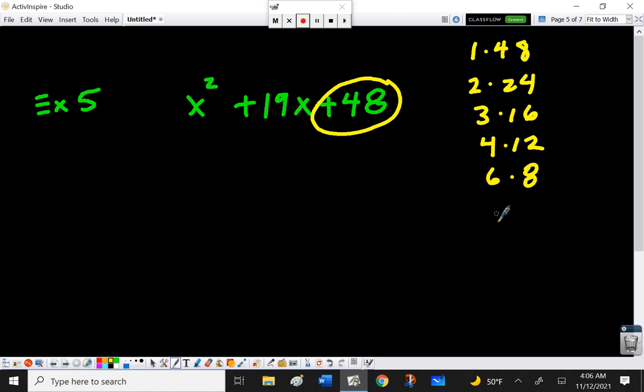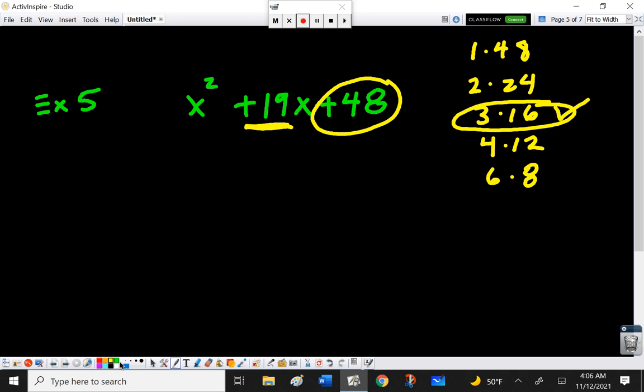And that's it. But remember, we want factors that are going to add to 19. Wish I had a bell sound. Ding, ding, ding, ding. It's going to be 16 and 3.